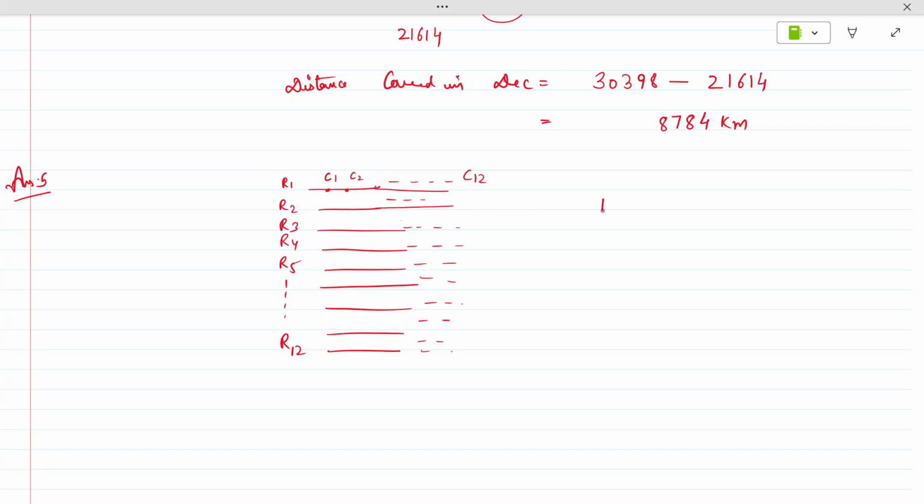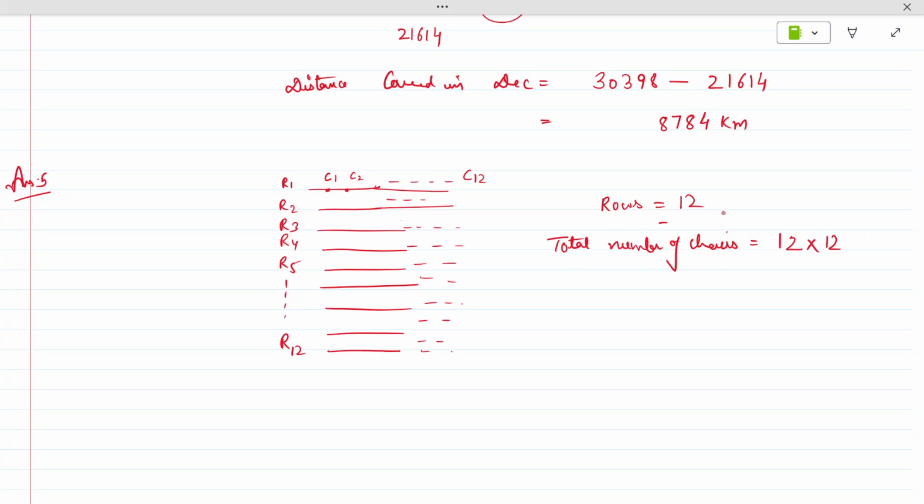12 rows and each row has 12 chairs. So that means total number of chairs is, earlier it was 12 multiplied by 12 because each row has 12 chairs.